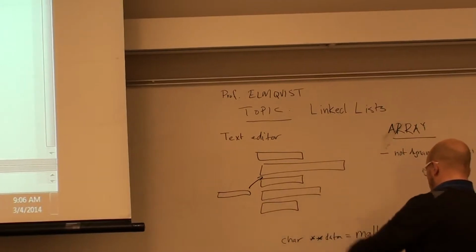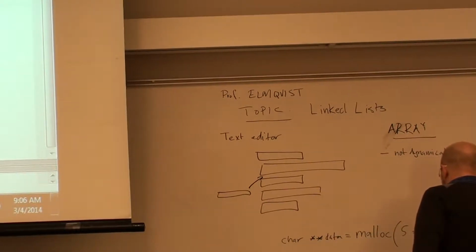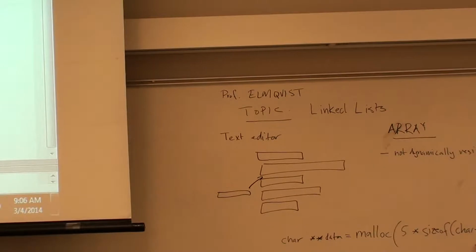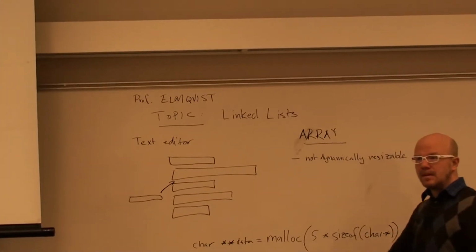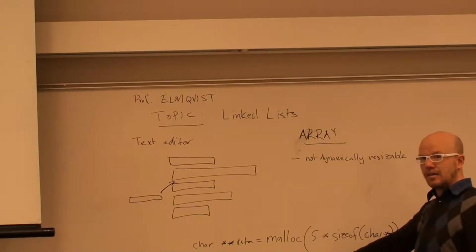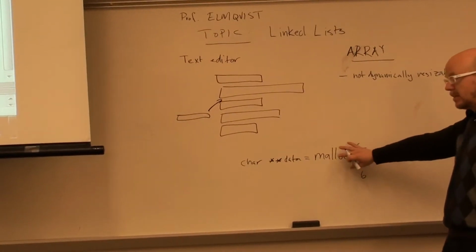Malloc, and I have 5 rows to start with, times sizeof char pointer. Because of course I'm allocating pointer space. But as I said, I insert a line, I'm going to have to change this to a 6. Typically that means creating a new piece of memory that's now 6 slots big, copying over the things that are in the old memory and deallocating the old memory.